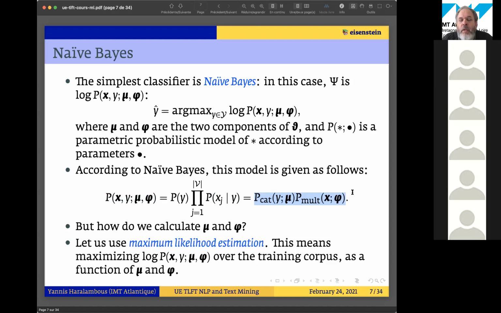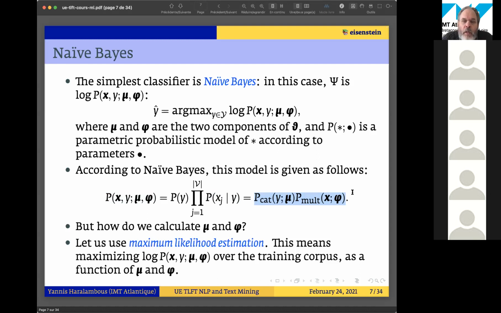And I will give you the exact formula in a moment. So this means that we know exactly how we model the situation. All we need is values for mu and phi.